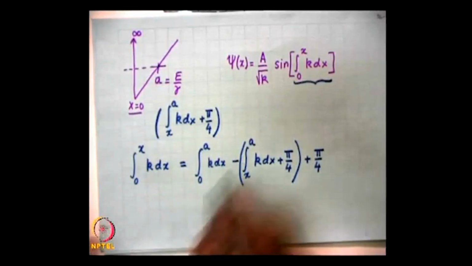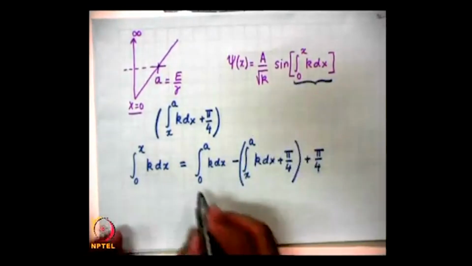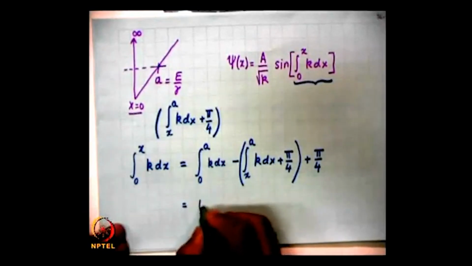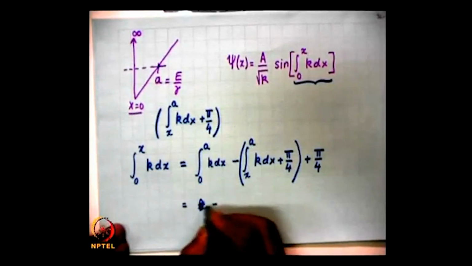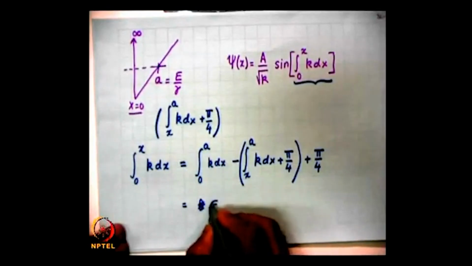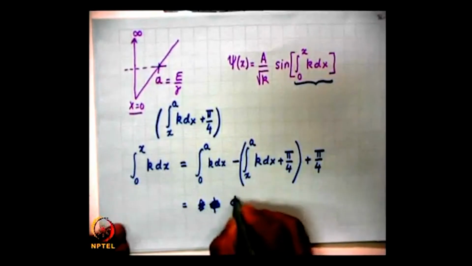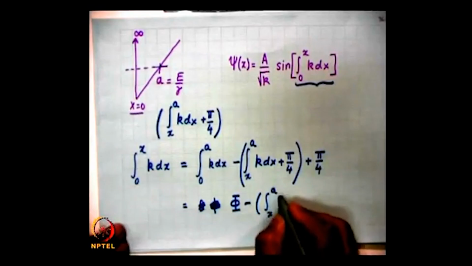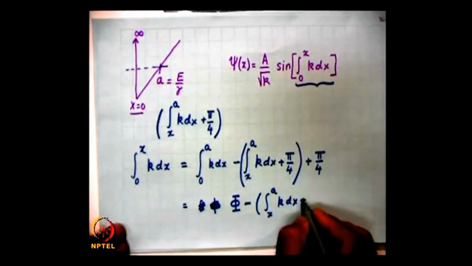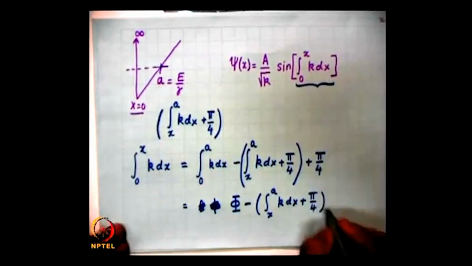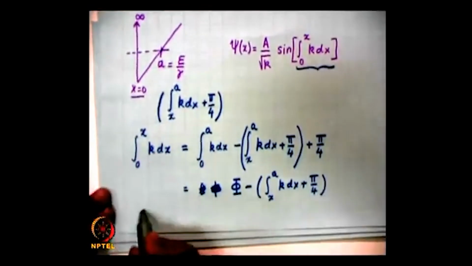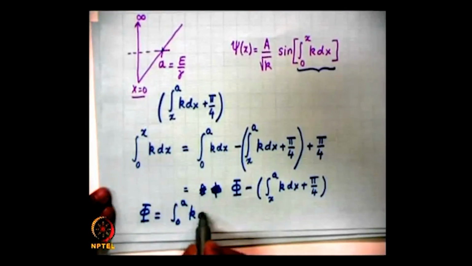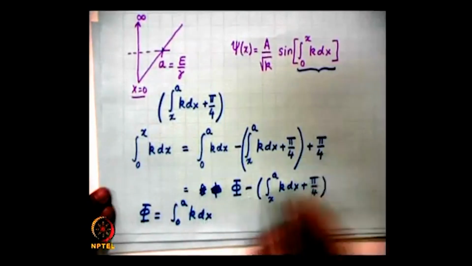So, let us call this phi, minus the integral from x to a of k dx plus pi by 4, where phi is defined to be equal to the integral from 0 to a of k dx plus pi by 4.